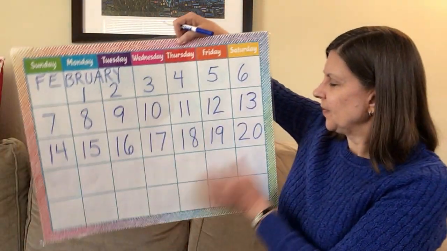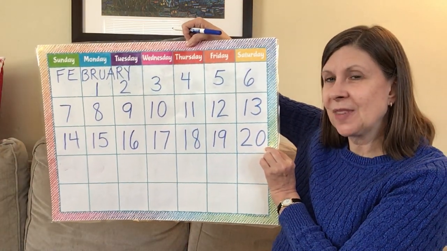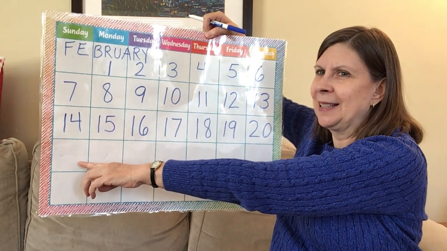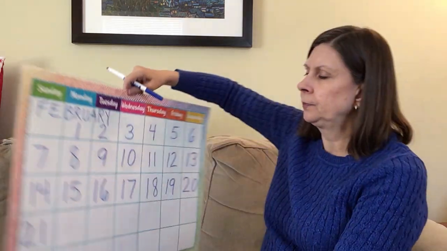And the next day, Saturday, was what comes after 19? That's right, 20. So I'm going to write a 2 and a 0 for 20. And then the next day, Sunday, was what comes after 20? 21. So I need to write a 2 and a 1 for 21.